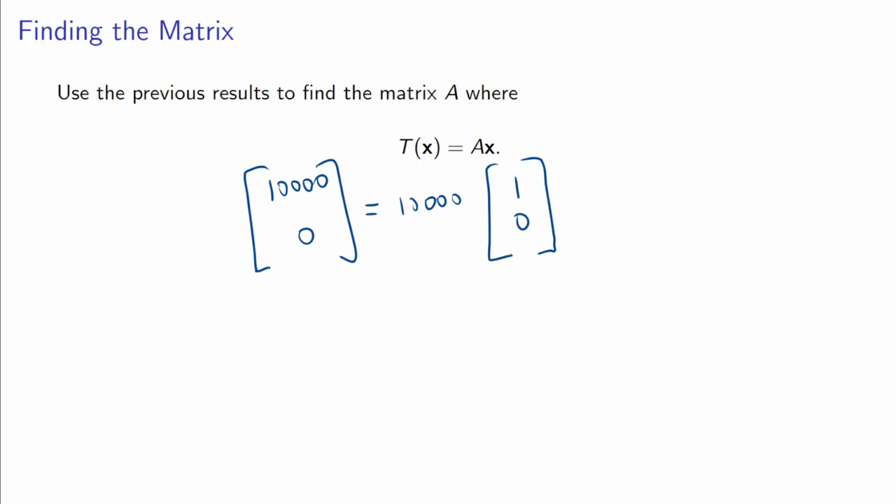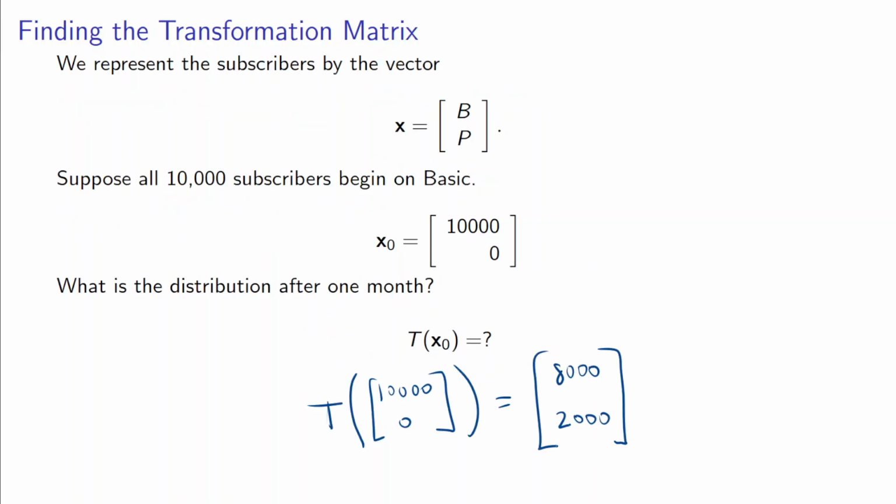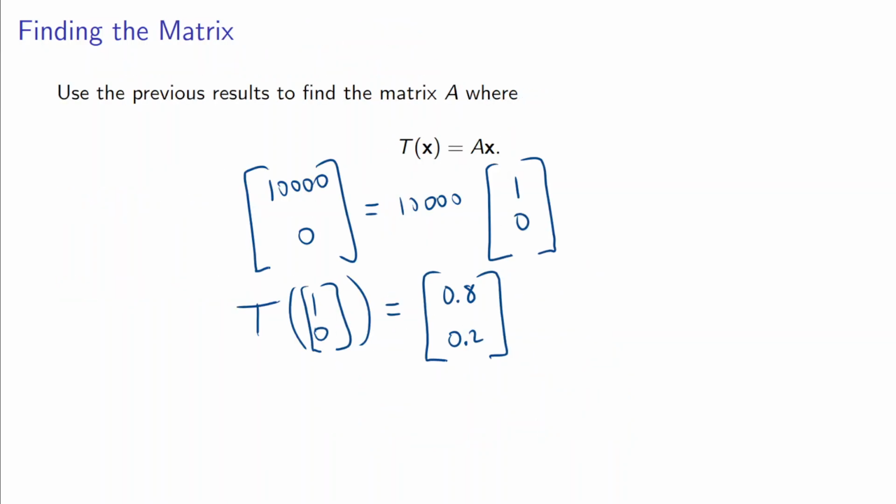And we know what happens to that (10,000, 0) vector. So T of (1, 0) is just going to be 1/10,000th of T of (10,000, 0). It's going to end up being (0.8, 0.2). If we take the (8,000, 2,000) vector that we found earlier and divide by 10,000, we get (0.8, 0.2).